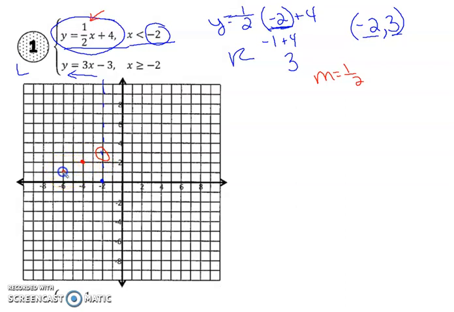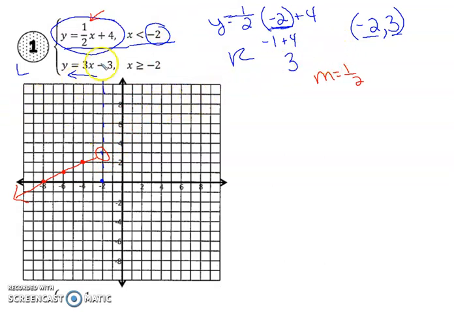Down 1, backwards 2. So this red line is y equals 1/2 x plus 4 when x is less than -2. If there wasn't this part, the line would just continue on forever, right? That's just kind of how a line works.